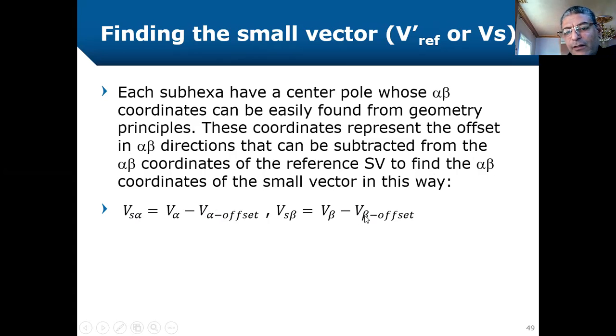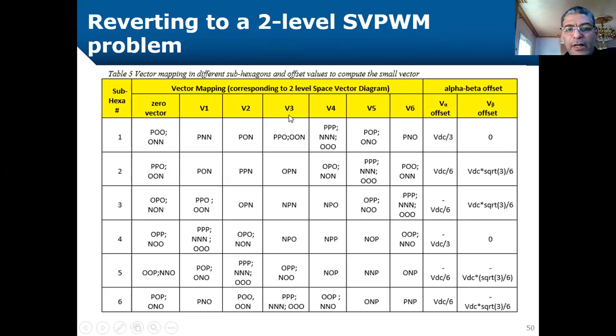These V alpha offset and V beta offset are subhexa dependent. Look at this table. For each subhexa, we can define the zero vector, the center, the local center of the subhexa. If we go to the grand subhexagon, we can identify these centers. We can also get the V1, V2, V3, V4, V5, V6 vectors.